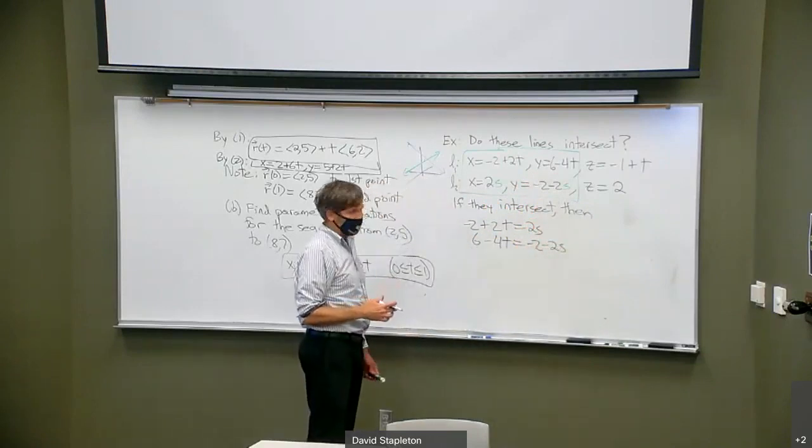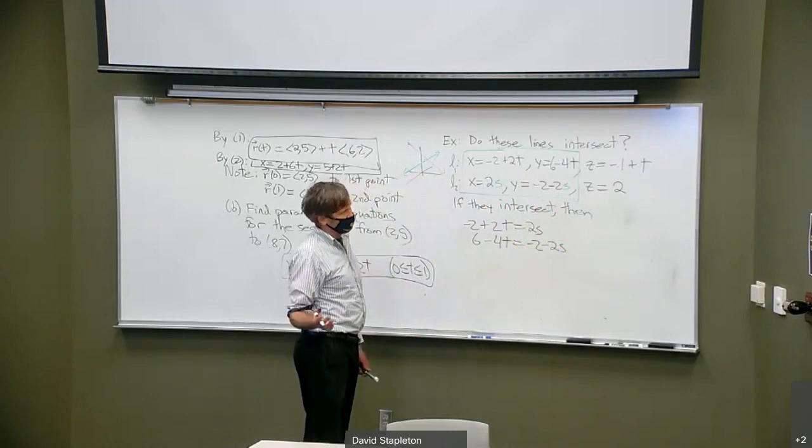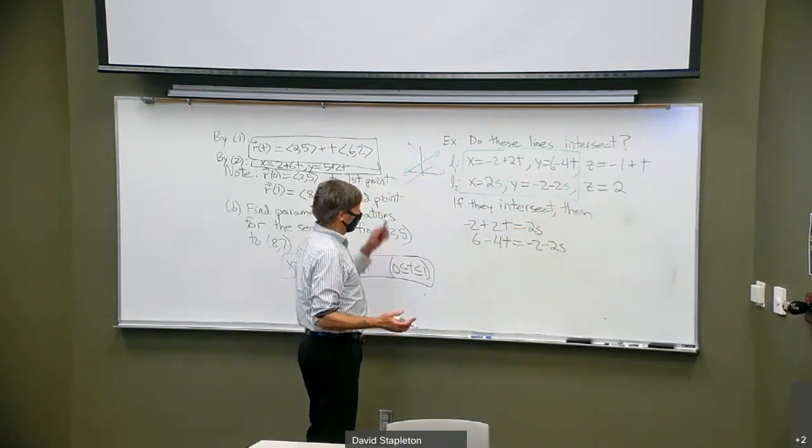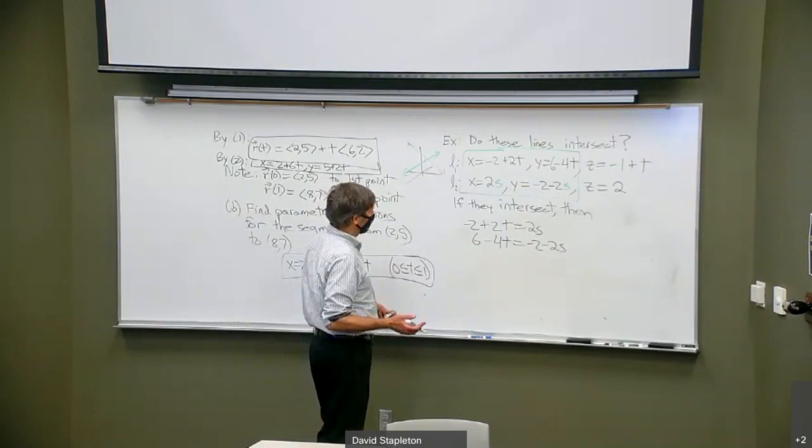And now this is an easy game because I don't know if some of you have had linear algebra before. Most people take it after this class, but linear algebra is the study of linear equations, primarily systems of linear equations. And you find out in there that every system of linear equations either has a solution or has no solution.